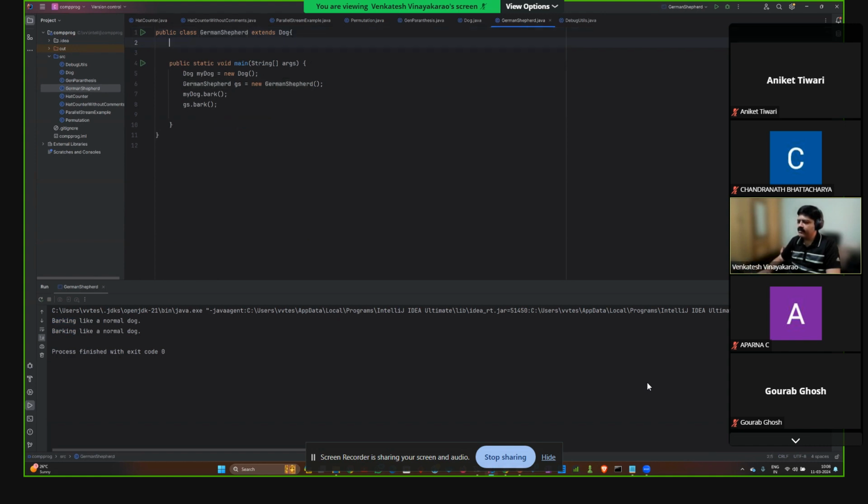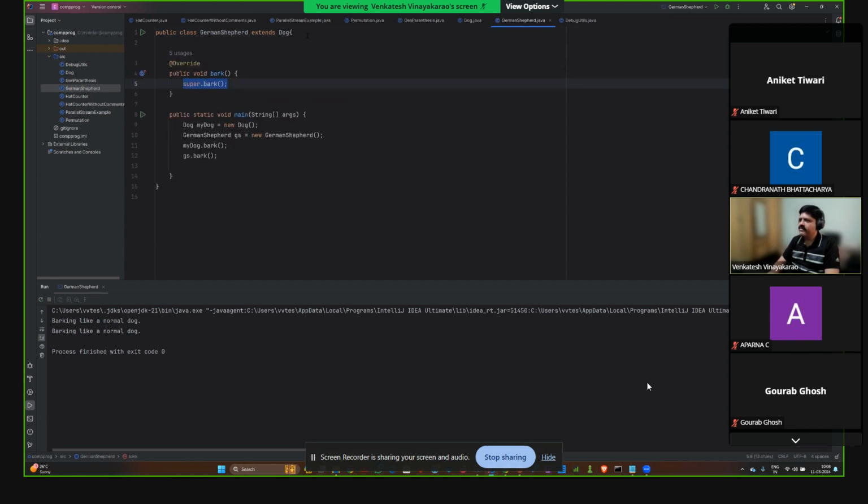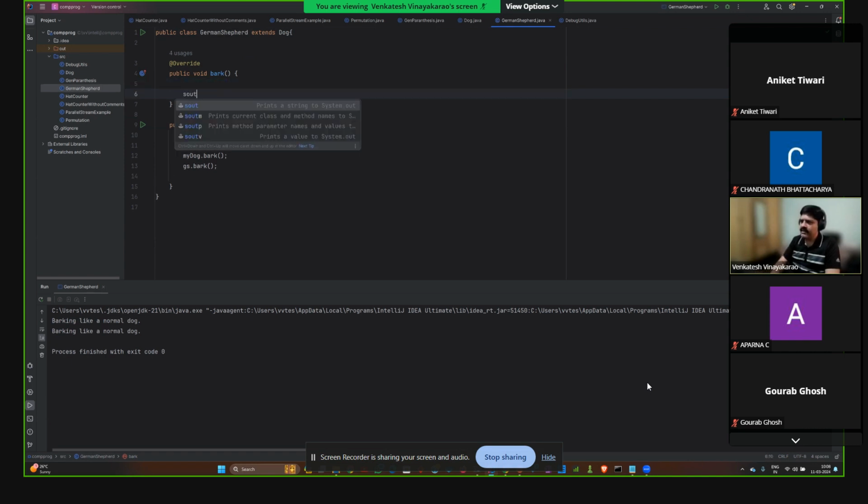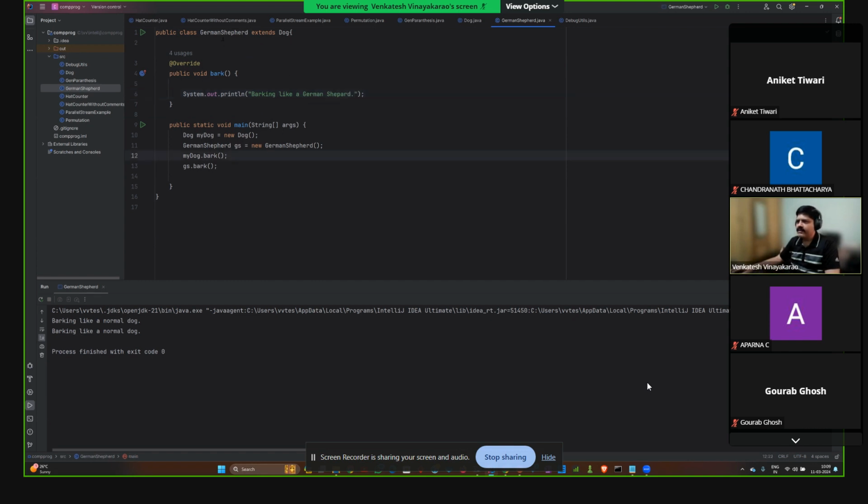But I don't like this. I want my German Shepherd to bark differently, right? So what I can do, I can simply override that in my German Shepherd class, and instead of this, I can say barking like a German Shepherd, right? So now what will happen?